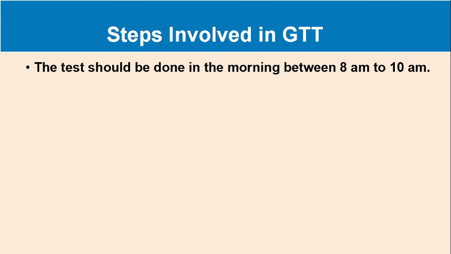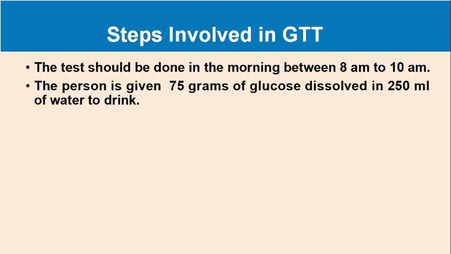The main steps to be followed in oral GTT: the test should be performed preferably in the morning between 8 to 10 a.m., and the person should be allowed to drink 75 gram of glucose dissolved in 250 to 300 ml of water.